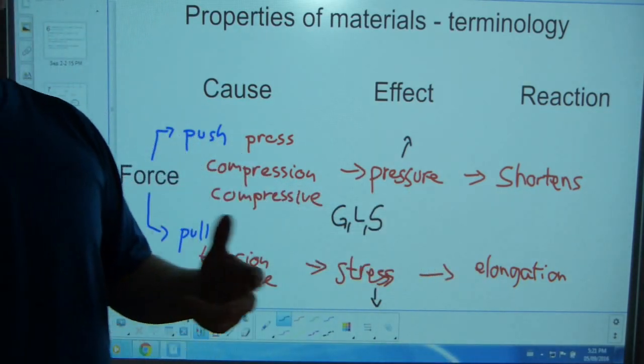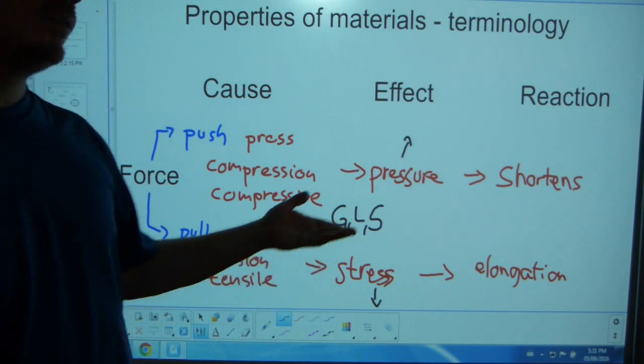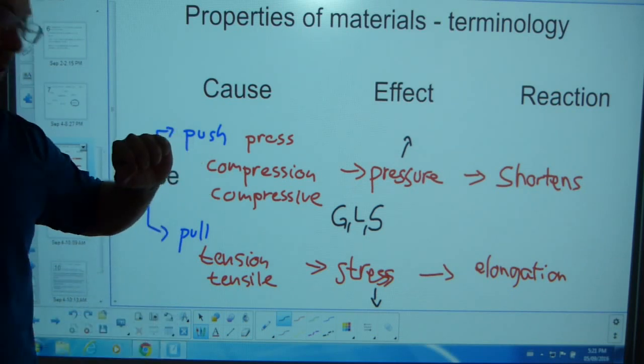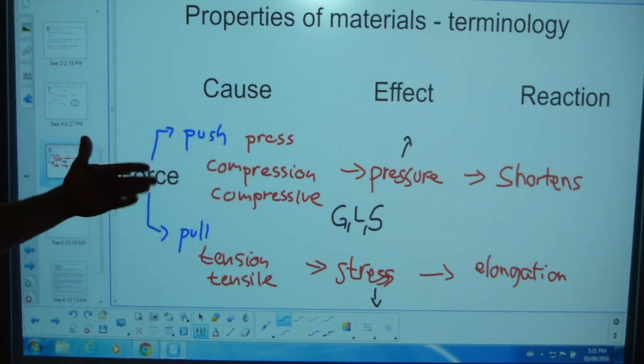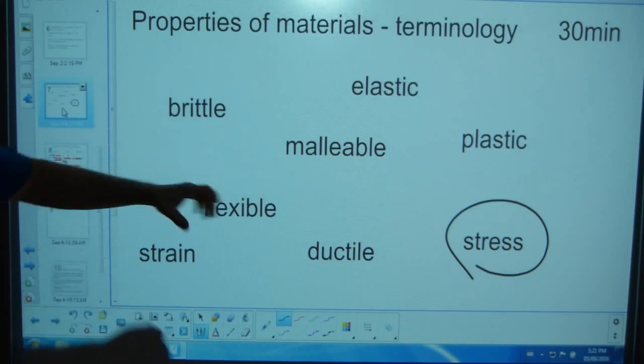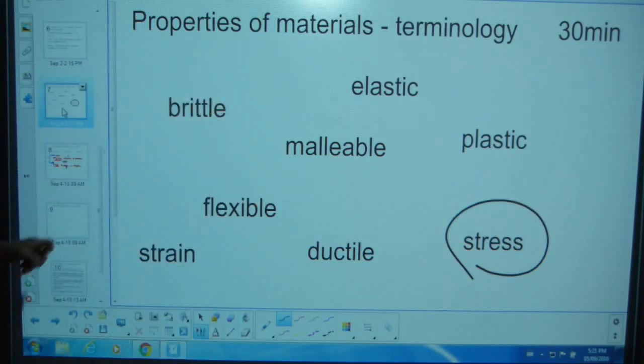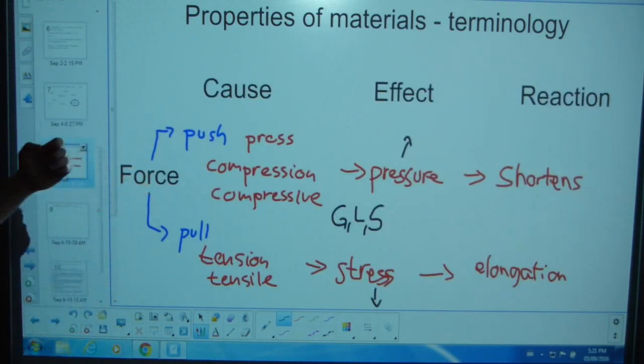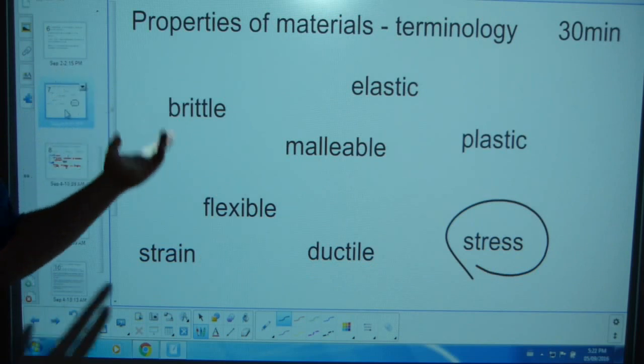Little force, little elongation, big force, big elongation. So forces in both of these directions, depending on their magnitude, drive all of the other definitions. And this is how the journey unfolds, because it's a journey caused by forces that ends with the material's failure.